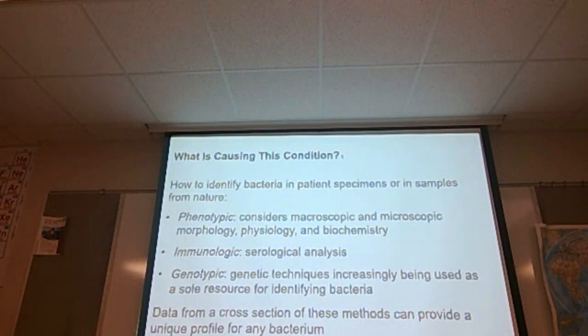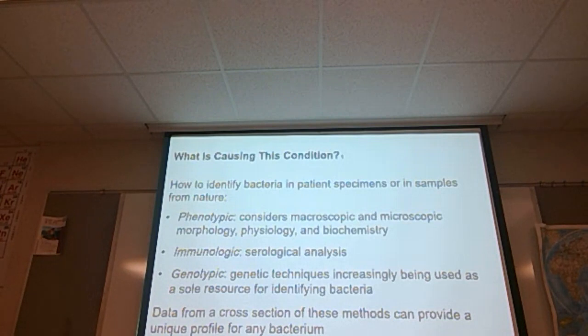These types will consider both the macroscopic and microscopic morphology, physiology, and biochemistry of the organism. It'll look at colonial formation, color, the different types of nutrients they can use, and how they react to different biochemical tests. Serological analysis, we can look at their immunology, what type of antibodies do they form.